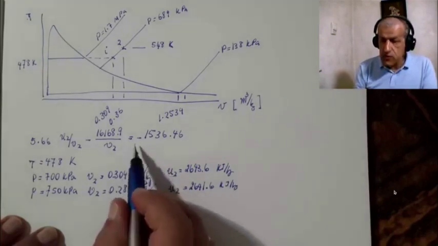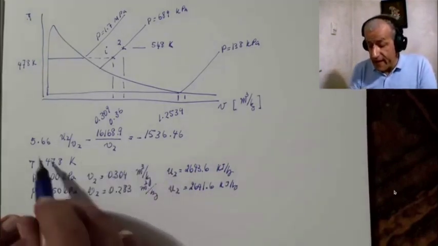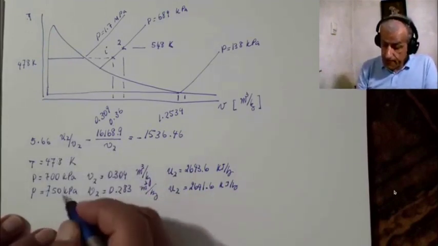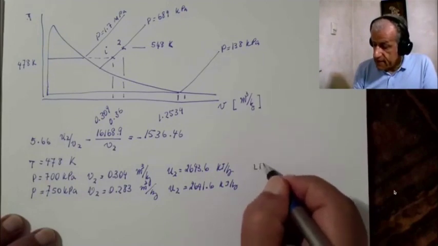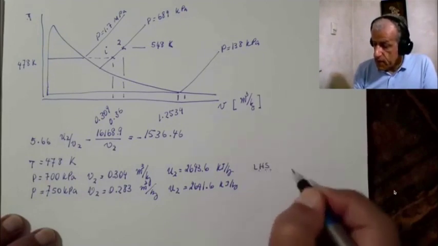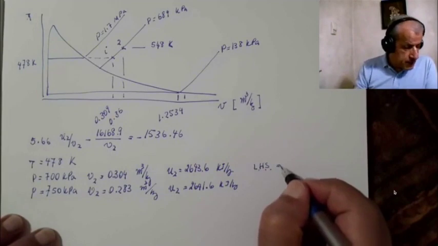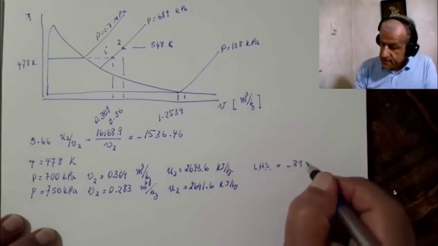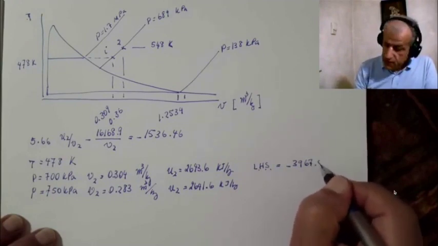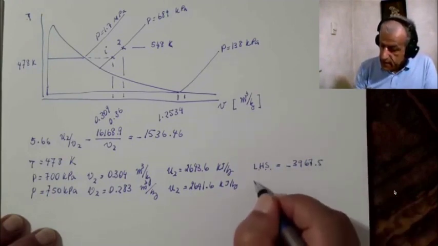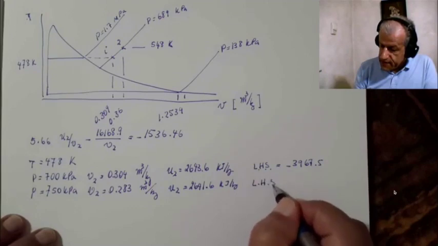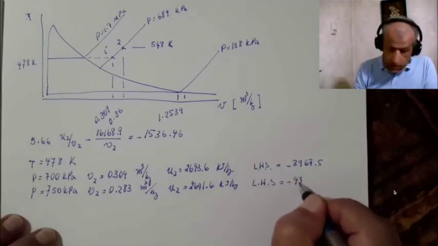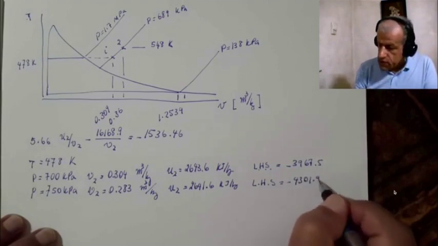And if we calculate the left-hand side of this equation with these values, with this one, the left-hand side would be minus 3967.5, and for this one, the left-hand side would be minus 4301.9.